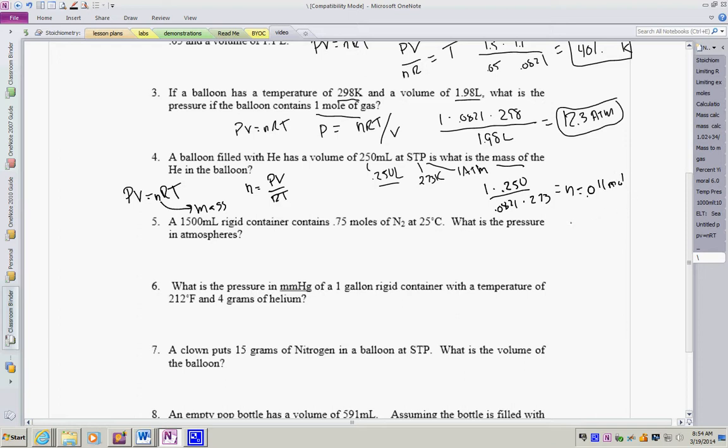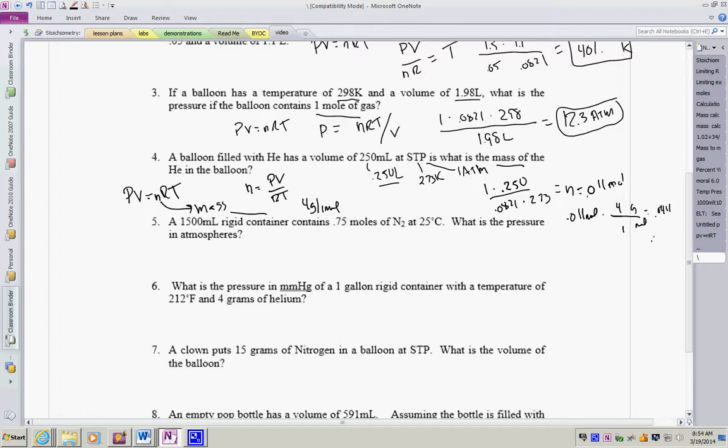All right, that's moles. Now, keep in mind the molar mass of helium, 4 grams per 1 mole. So 0.011 moles, get rid of moles and go to grams. 1 mole is 4 grams, equals 0.044.